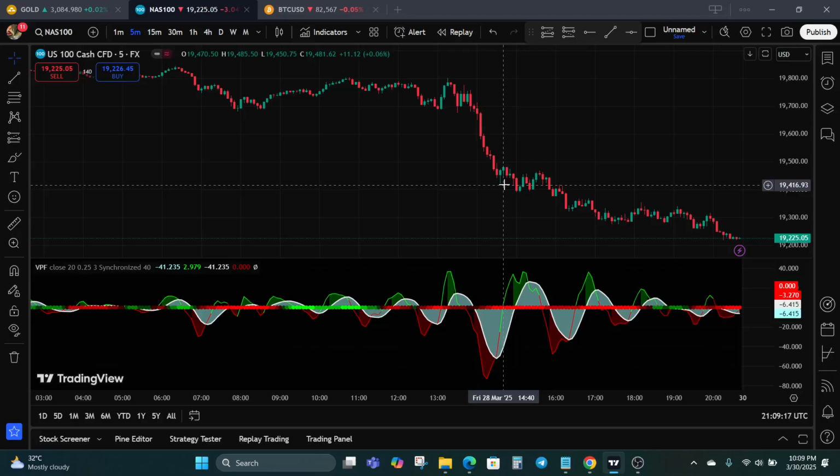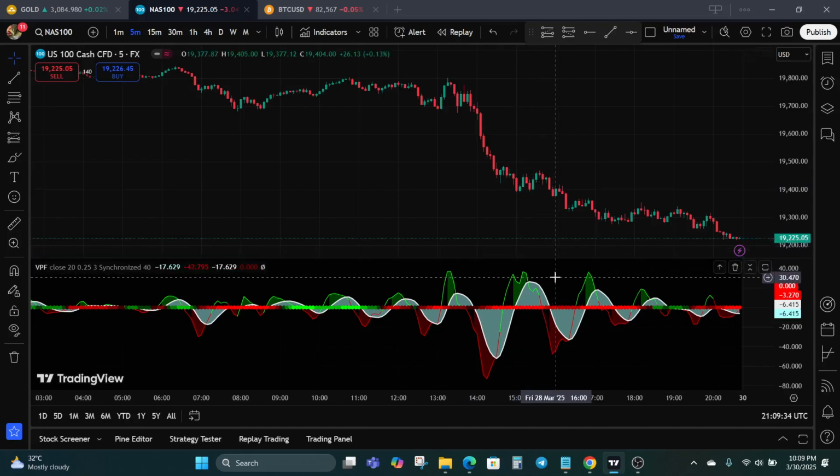Now, what is this future predicting indicator? This indicator is a technical tool that studies historical price patterns and uses them to forecast future trends. All right.